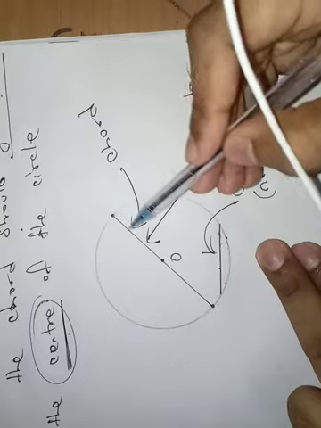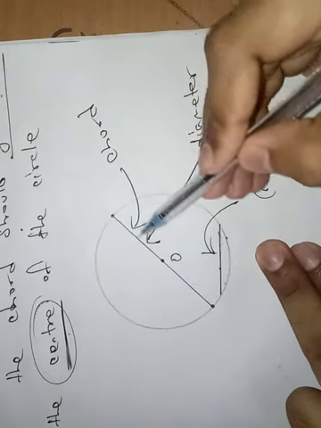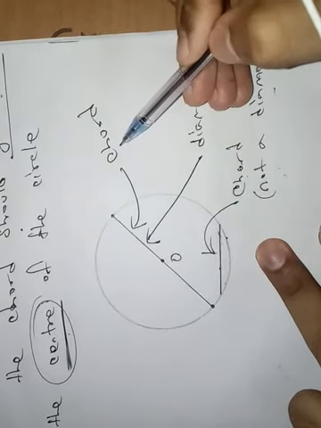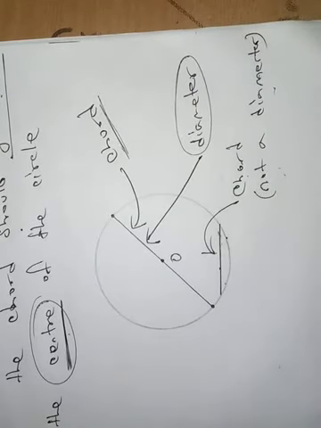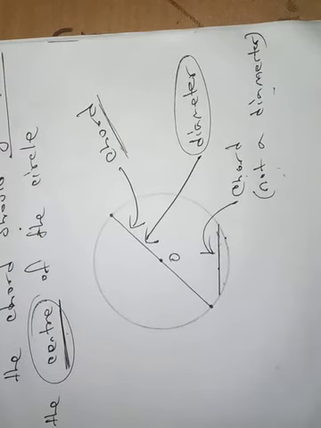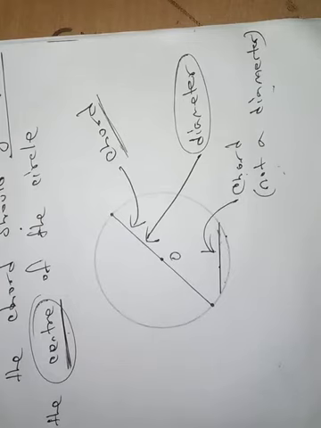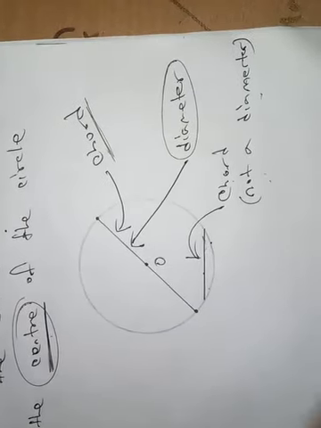But this line is a chord and also a diameter. Then what can you say?